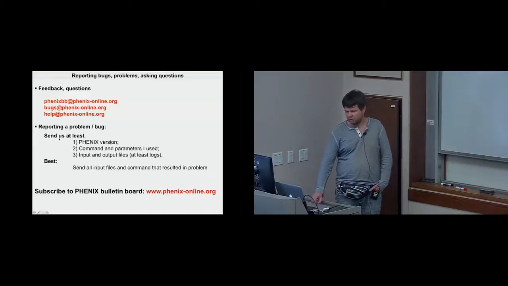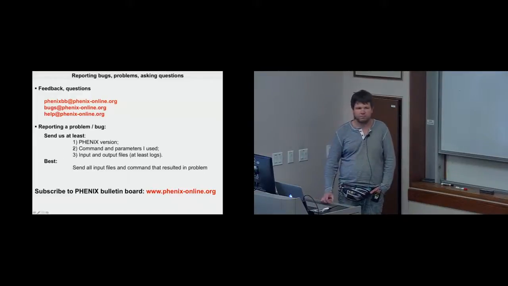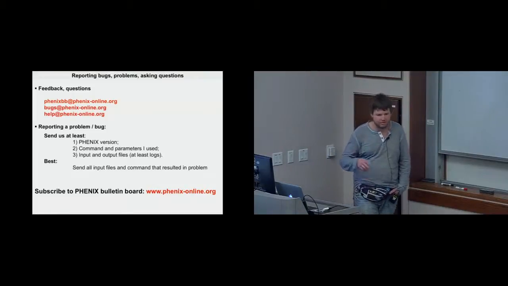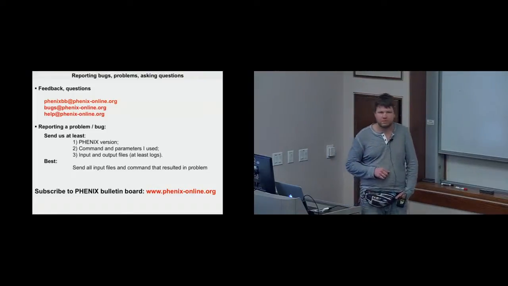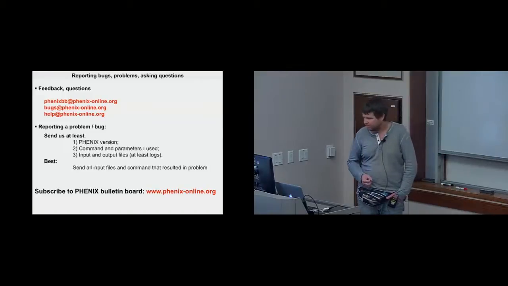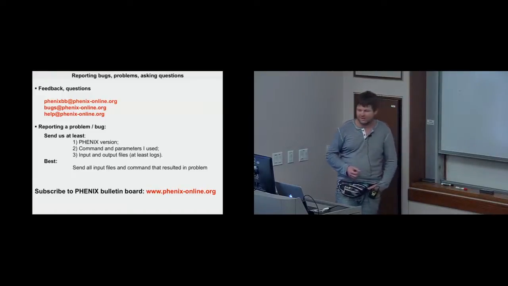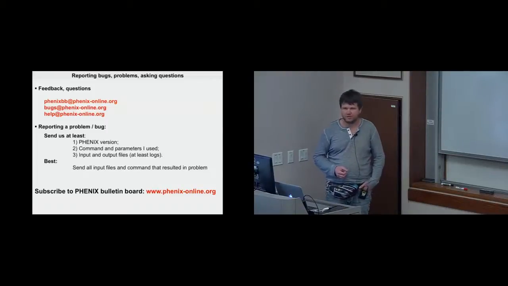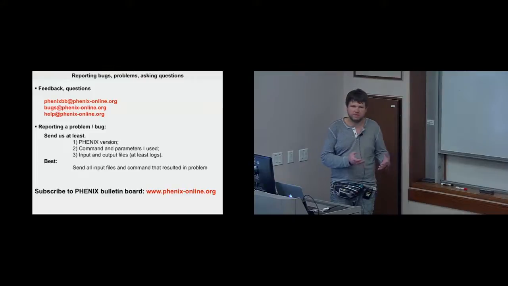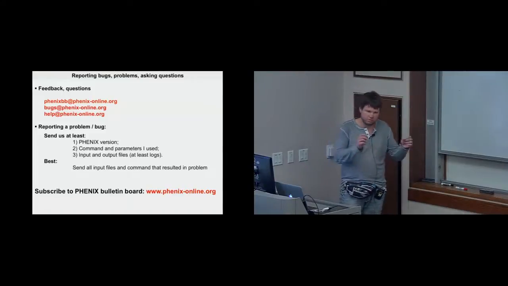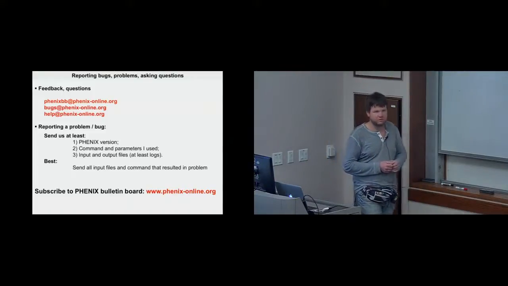So what's important is to properly report the problem. I get heaps of emails saying, hey, something crashed, please help me. There's no way for me to know what crashed and how I can help. The best way is to send all the data that are necessary to reproduce the problem, and instructions on what I need to click or run so that I can reproduce it.